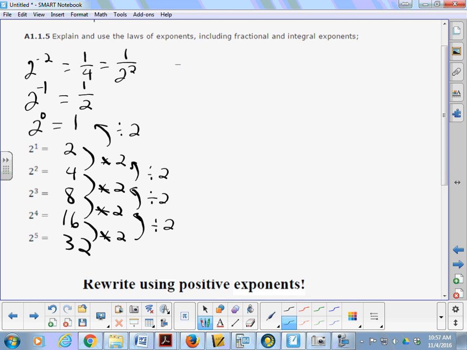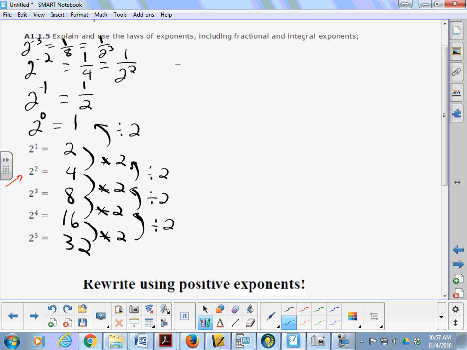Because over here, 2 to the second power is 4, so 1 over 2 squared is 1 over 4. And if we go even farther, 2 to the negative third, that's going to be 1 over 8, which is simply 1 over 2 to the third power.